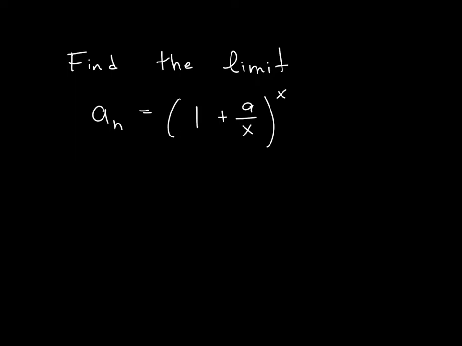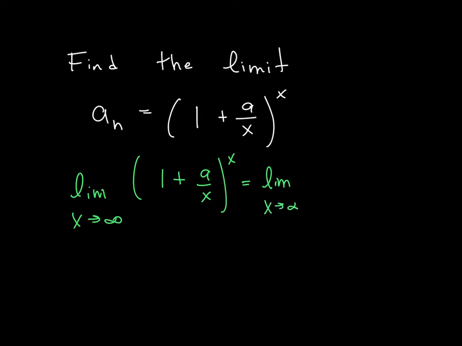Now we are going to use the fact that the limit as x approaches infinity of (1 plus a over x) raised to the x is the same thing as the limit as x approaches infinity of ((x plus a) over x) raised to the x. Those two are the same. I know both of those equal e to the a power.